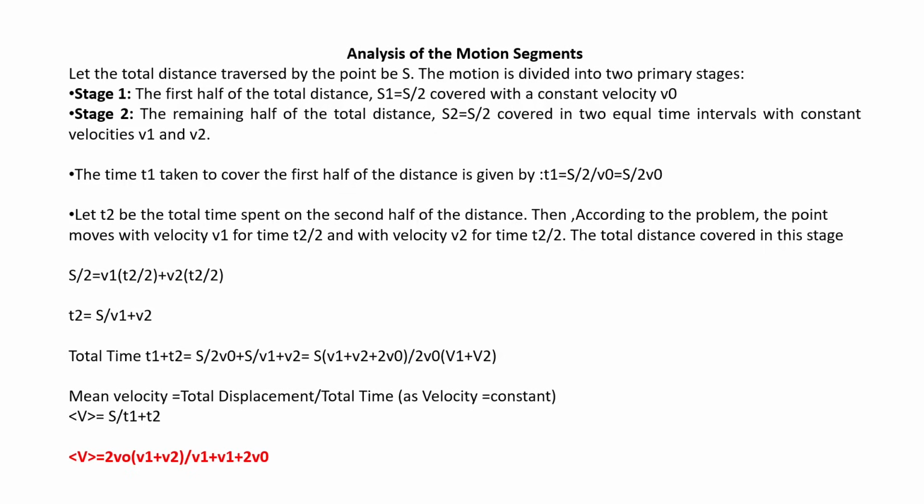S by 2 can be written as v1 t2 by 2 plus v2 t2 by 2, because distance is nothing but velocity into time. So ultimately t2 can be solved as s by v1 plus v2. So what is the total time taken? t1 plus t2, which we can directly put from the equations above, and with slight calculations you can ultimately land at the answer.